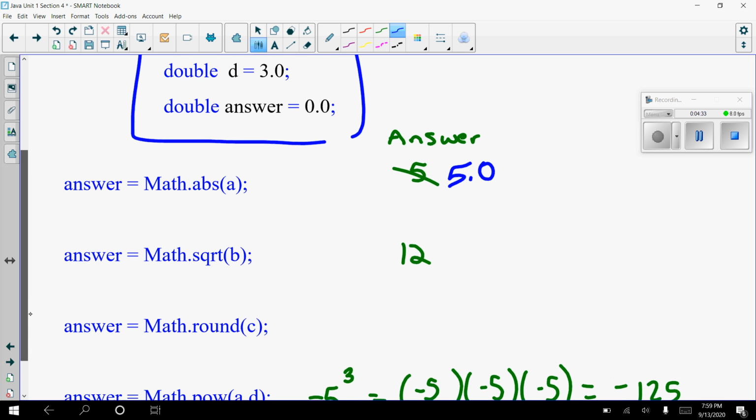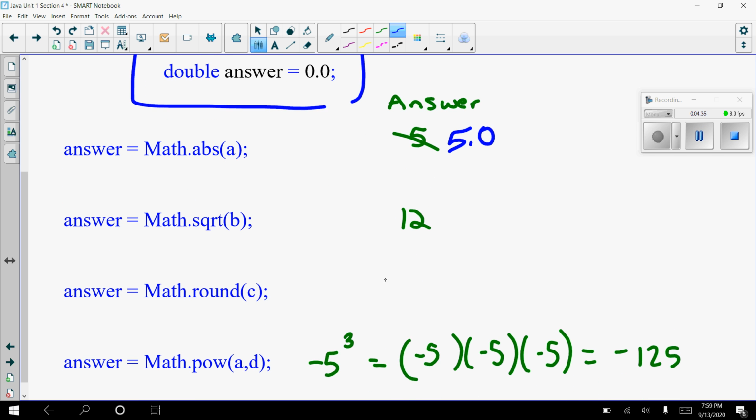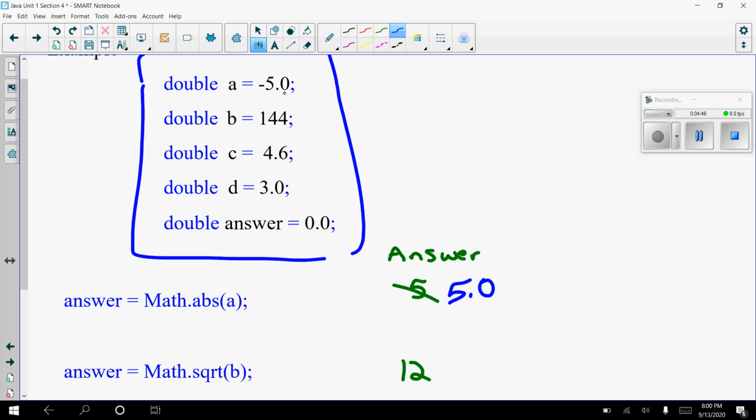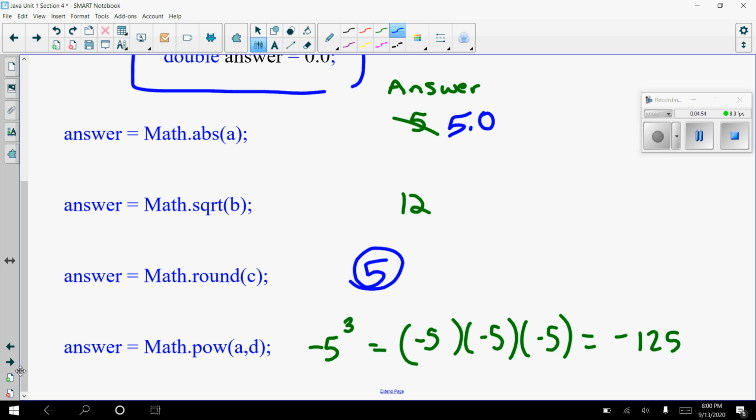If we were asked to round C, C was 4.6, so just like the initial one, that would be 5. If we do it with power, or POW, negative 5 is the base because that's the first number. Remember, it's base, comma, exponent. And 3 is the second number. So negative 5 to the third power, which is negative 5 times negative 5 times negative 5, which is negative 125.